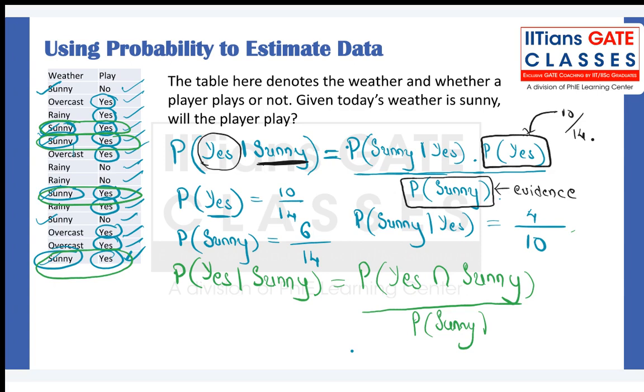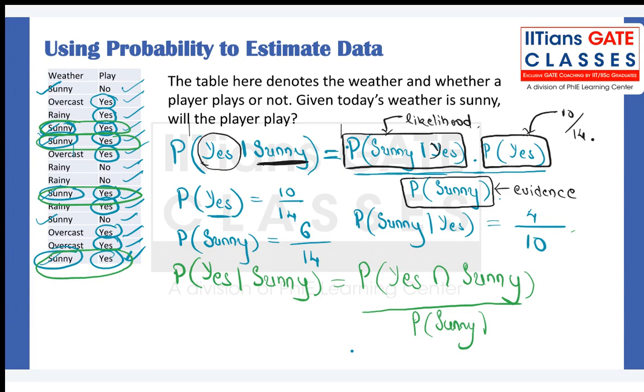And this part, given that you are playing, what is the probability that it is sunny, is called likelihood. Okay. This is called posterior.